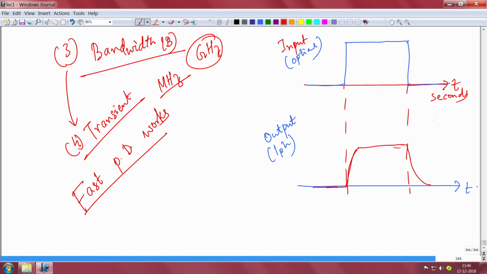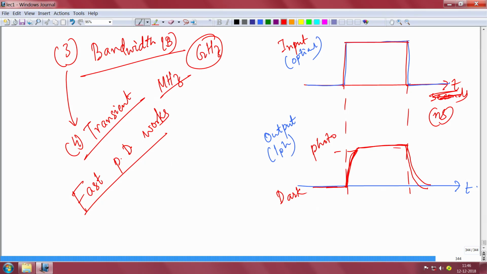But consider nanoseconds: if you are turning the light on and off in 1 nanosecond, can the current rise from the dark current to the photocurrent in 1 nanosecond and again come back in 1 nanosecond, or 1 picosecond, 1 microsecond? That determines the speed and the bandwidth of the device.